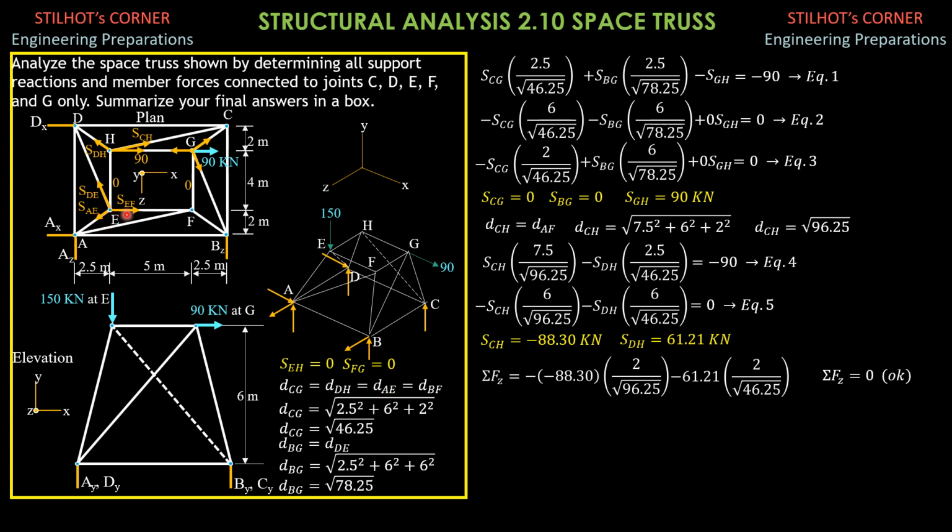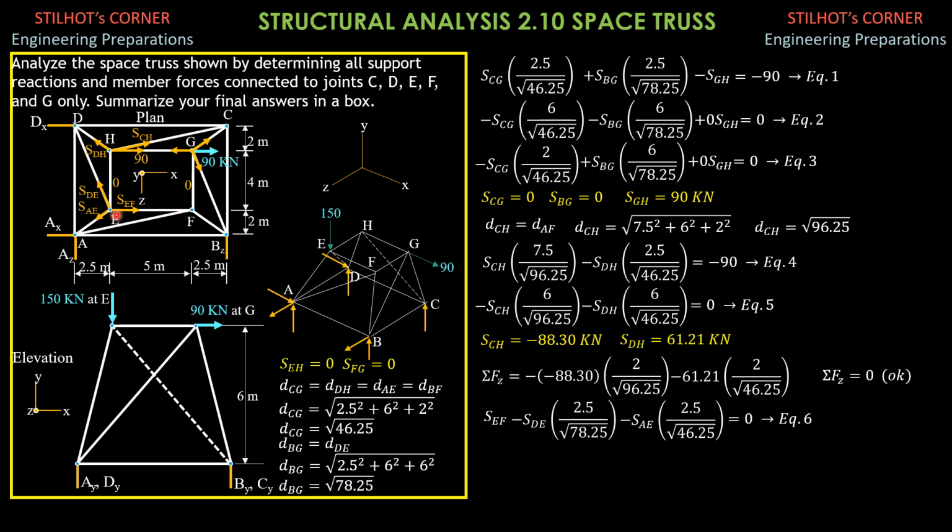So summation forces X equals 0: SEF first, rightward, minus SDE times 2.5 over square root of 78.25, then minus SAE times 2.5 over square root of 46.25 equals 0. Call that equation 6.